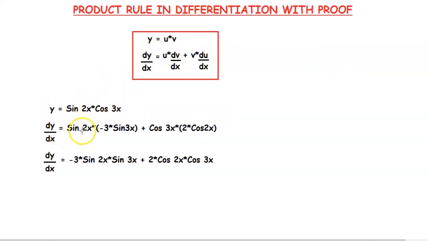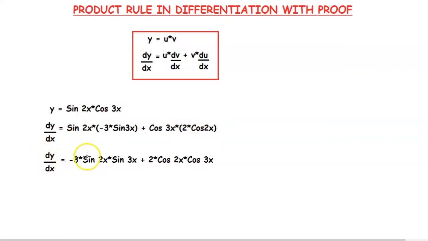So the derivative of y with respect to x will be equal to u multiplied by the derivative of v, that is sine 2x multiplied by the derivative of cos 3x with respect to x, that is minus 3 multiplied by sine 3x plus v multiplied by the derivative of u with respect to x, that is cos 3x multiplied by the derivative of sine 2x, that is 2 into cos 2x.